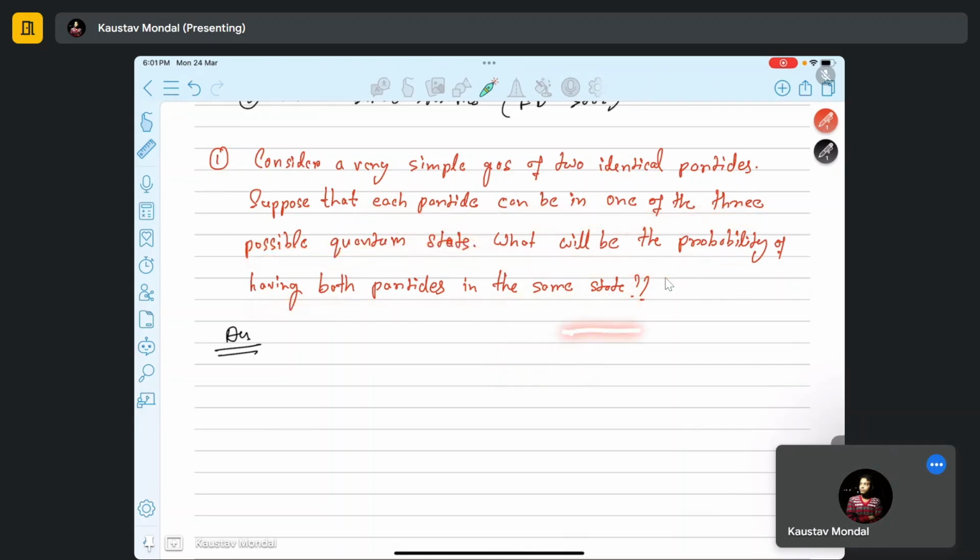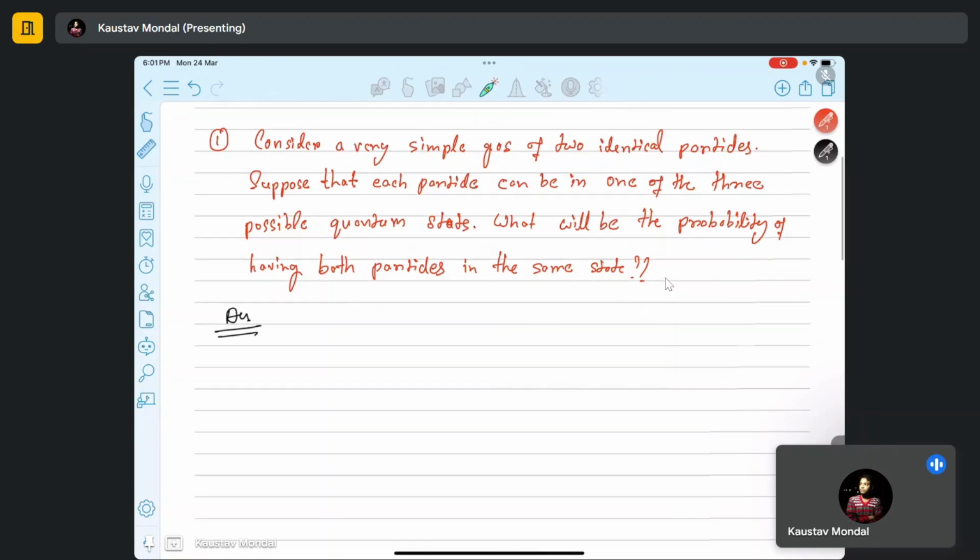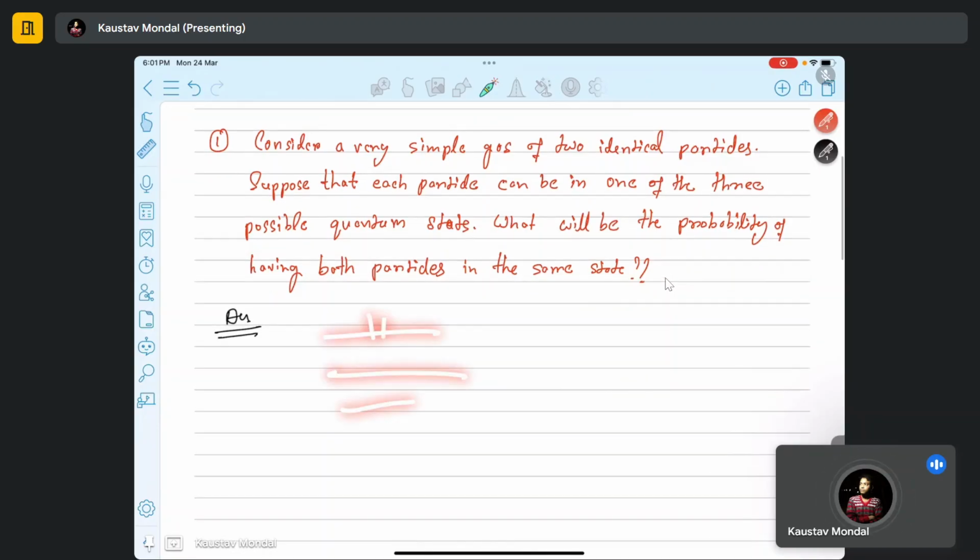Two particles can have different combinations between these three states, and each combination will have some probability, right? Out of all these combinations, what is the probability of the particular combination where both particles share the same state? That means it will be either like this, or this, or this. Both particles cannot share a state otherwise, right?